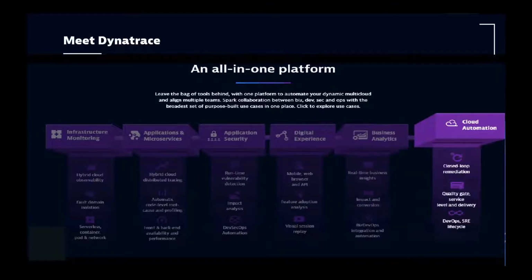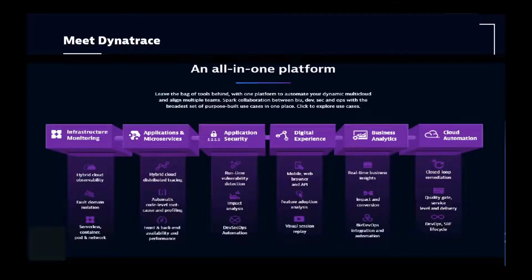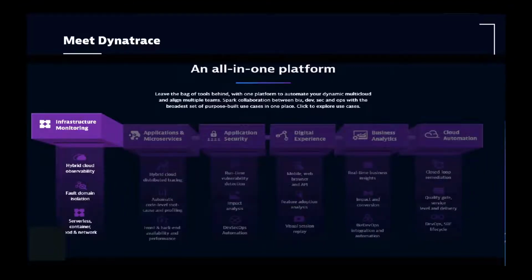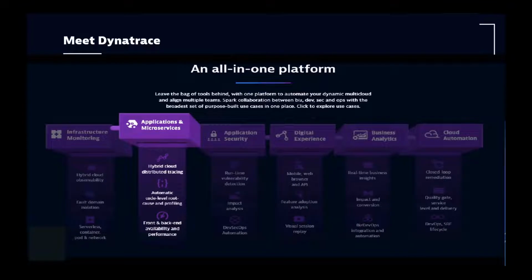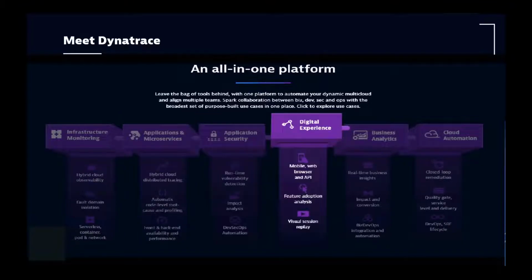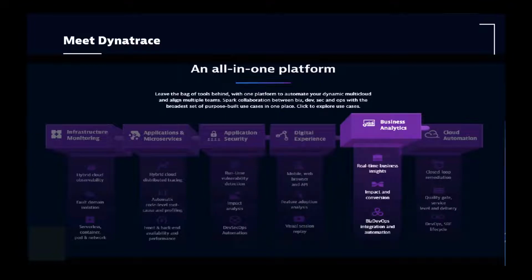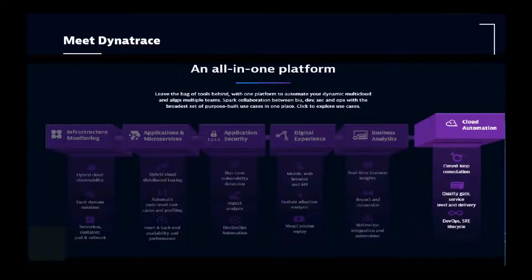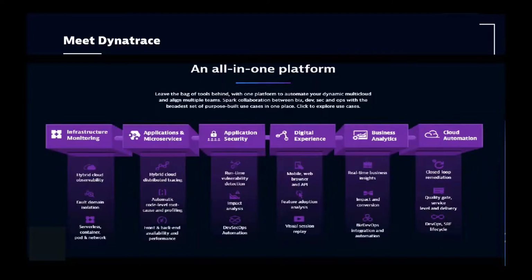And then in conjunction with DEM, our digital business analytics provides customers with real-time insights about the impact of performance issues or outages on revenues, conversion rates, or other business KPIs that matter to you.